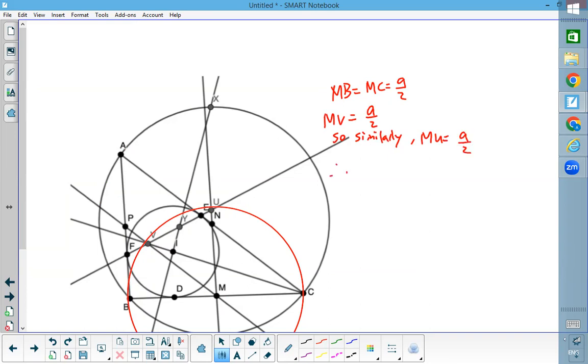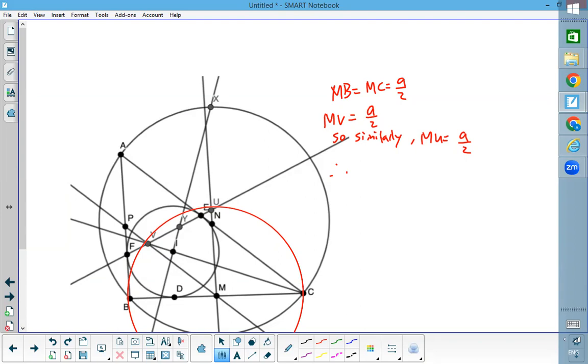So therefore we have a four-point cyclic. Usually we prove four points cyclic by angle chasing, but here we're doing some length chasing to prove that the four points are cyclic.